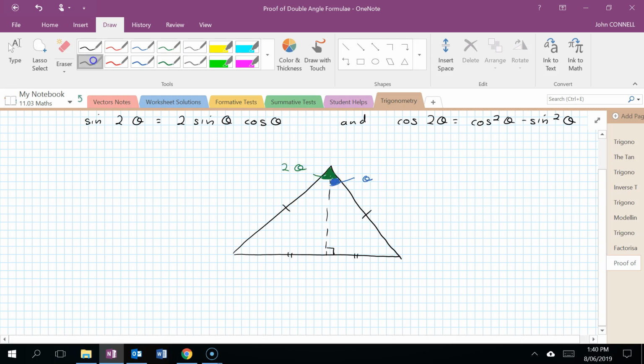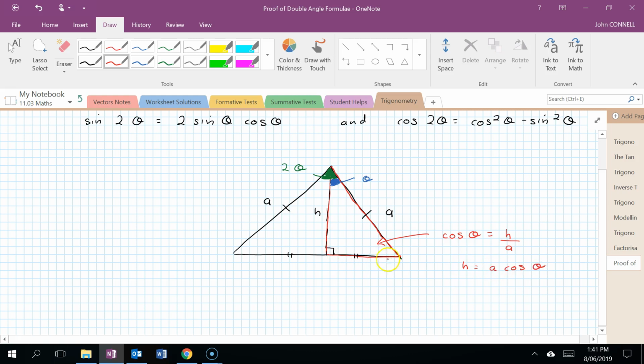So now I'm interested in proving this, and I'm going to call this side A. Okay, now here in this right-angled triangle, which I'll outline in red, I can use some basic right-angled trig ideas. So I've got the angle of theta up there, and so within this triangle I can say that cos theta is equal to height over A. So the height of this triangle is A cos theta.